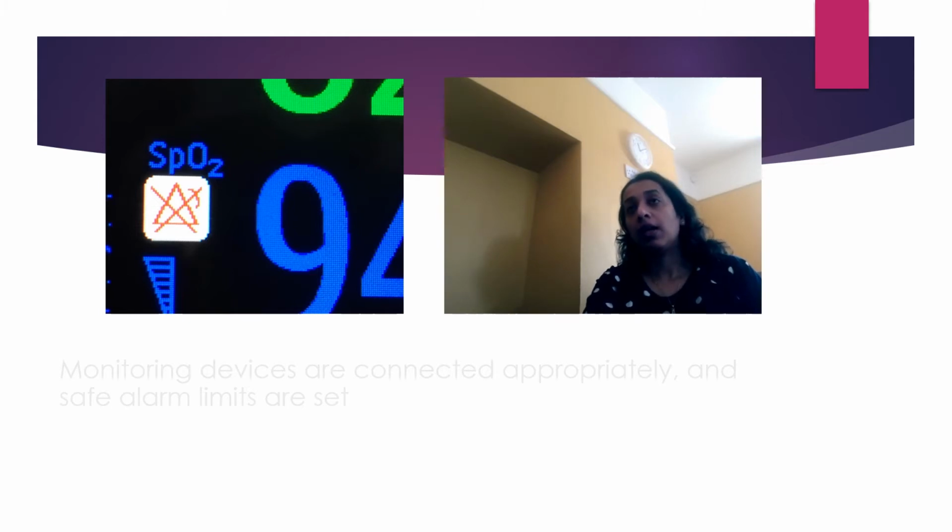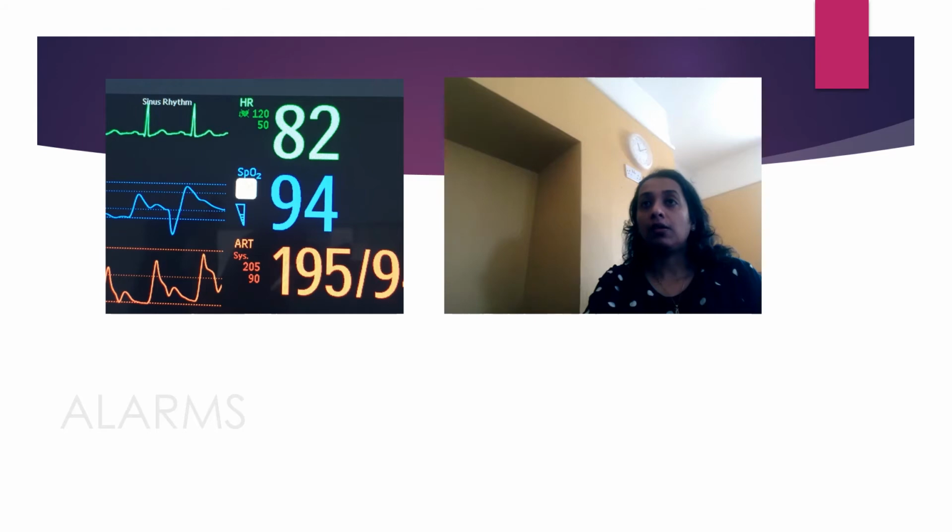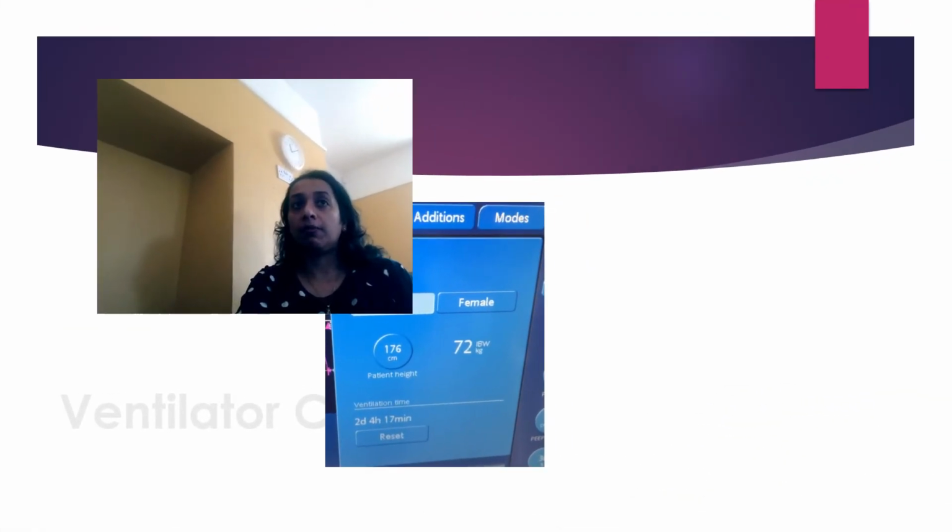Another very important part is you will check the alarm limits. We are not sure what limits the staff taking care of the patient were setting and what parameters they were monitoring. So always make sure that your monitor alarm limits are properly checked and set, and the alarm should always be on. That comes in the safety portion.